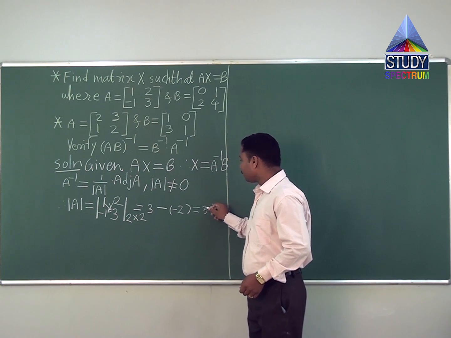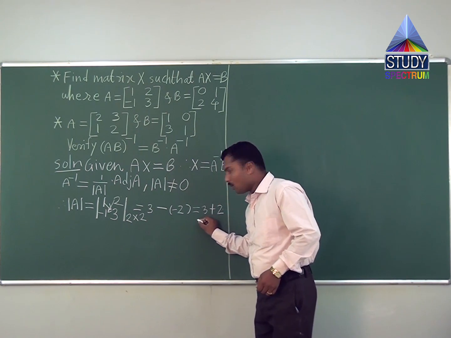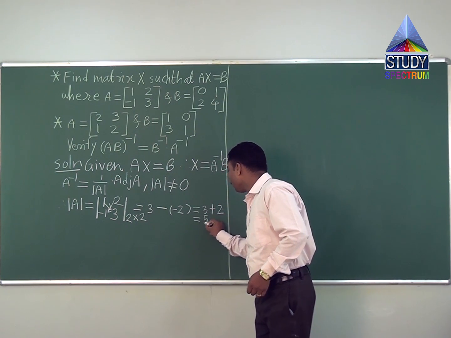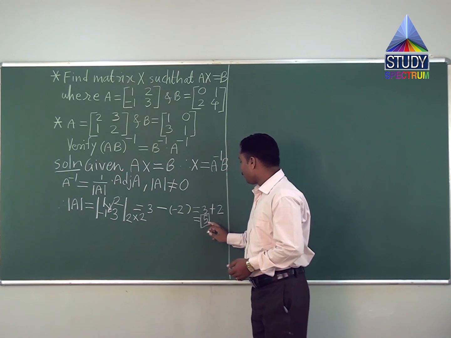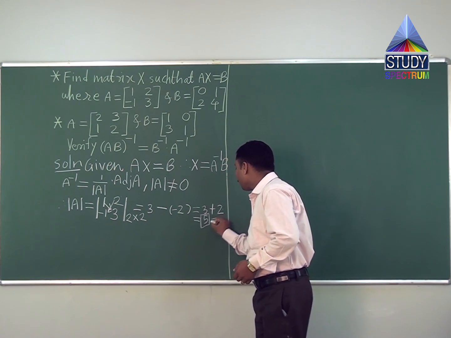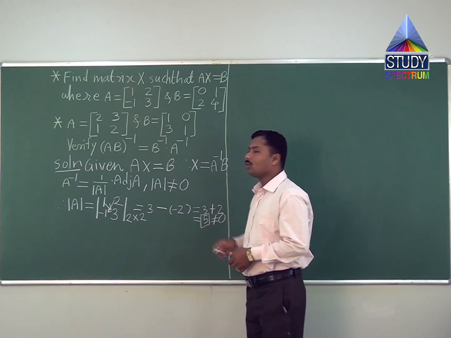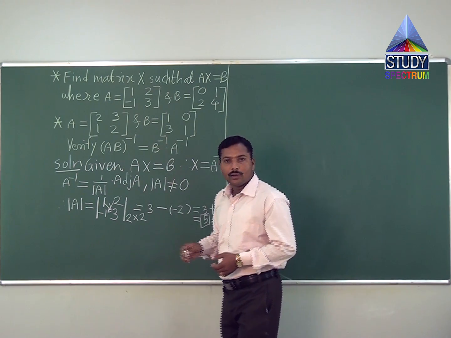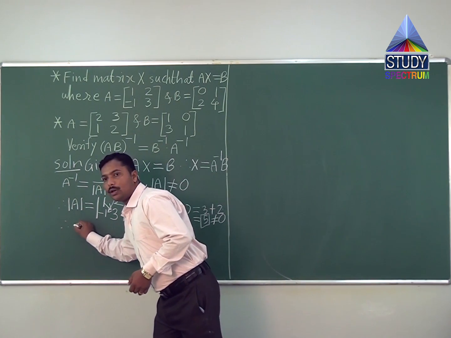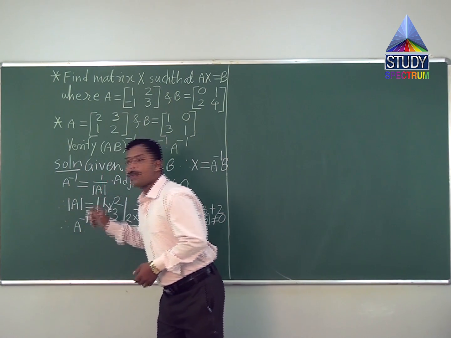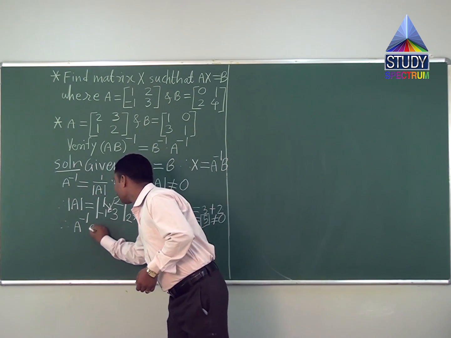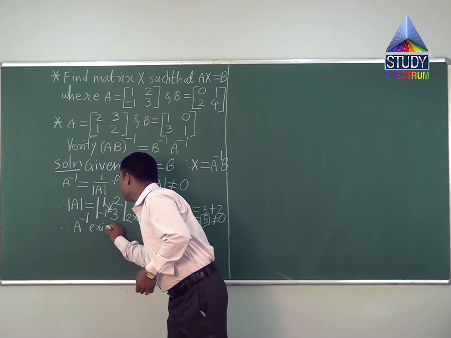So what is the value of 3 plus 2? Equal to 5, which is not equal to 0, and therefore A inverse exists.